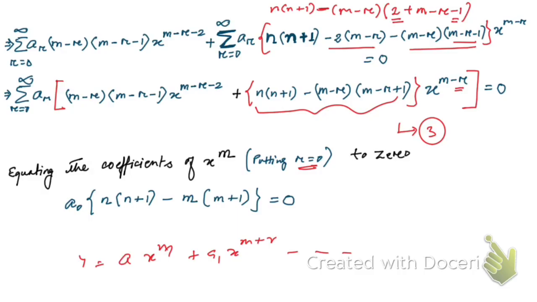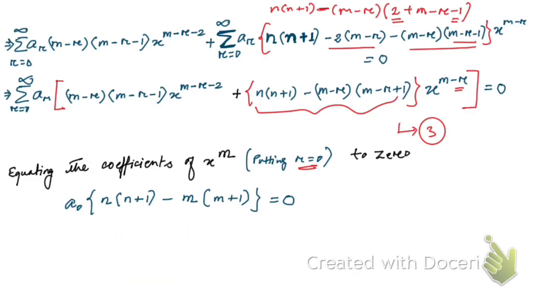If A0 becomes equal to 0, then this term will not be considered the first term, because this whole term will be 0, and the first term will be regarded as this one. So if we consider this is the first term of the series, then A0 cannot be equal to 0, and only then will this term exist, right? Hope you have understood this.